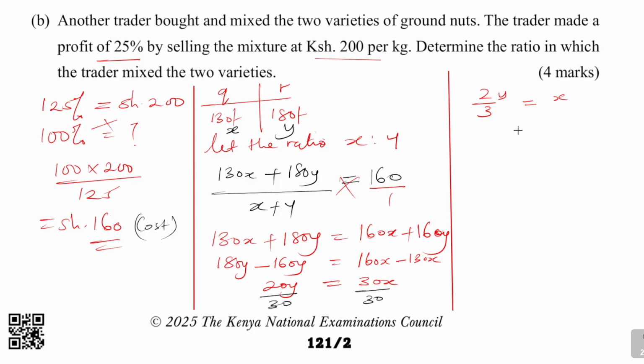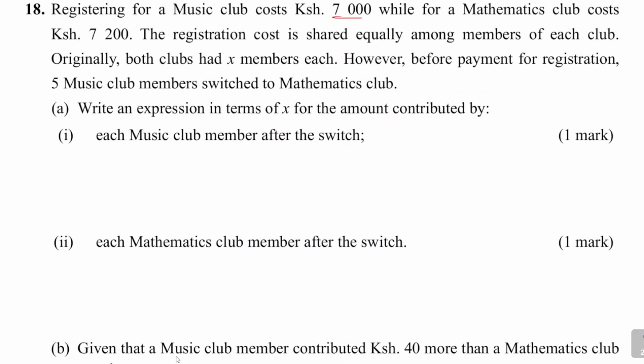Since I want the ratio x is to y, I can divide this side by y and this side by y too, so that I end up with 2 thirds is equal to x divided by y, and this x divided by y is the same as x is to y. Then 2 divided by 3 can be written as the ratio 2:3. So now we have the ratio. So the ratio is 2:3. That is how you're supposed to solve that question. Question 18.